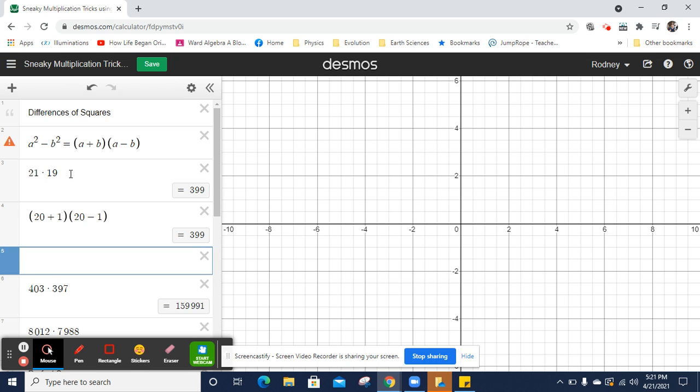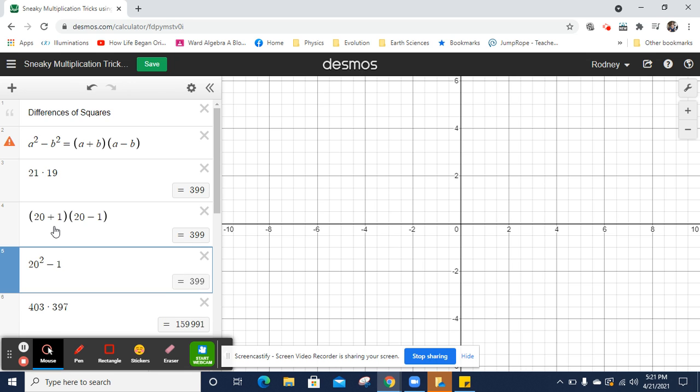It's already giving us the answer, but that'll just confirm things. Since this is 20 plus 1 times 20 minus 1, I can say 20 squared minus 1 squared, and that'll get me the same answer.